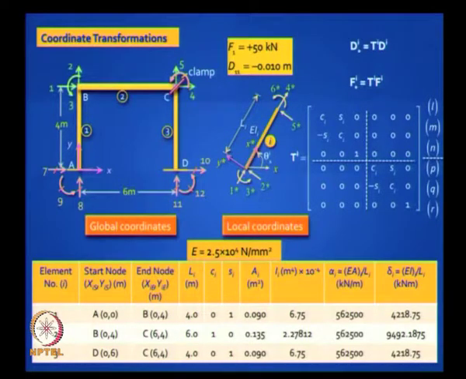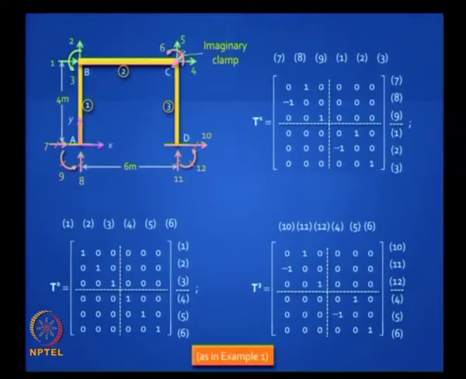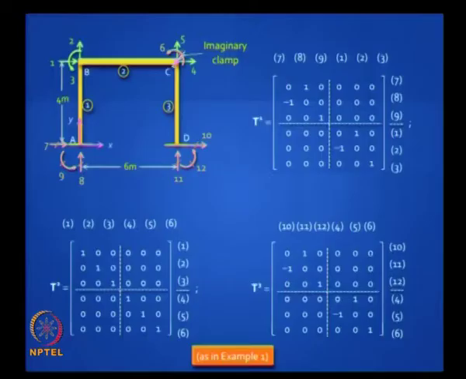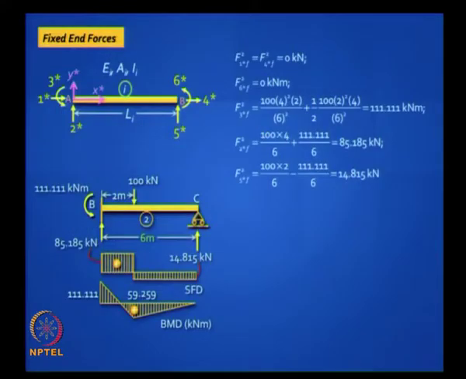So how do we deal with this problem with the internal hinge? What are the changes? Do we need to make any changes for the transformation matrices? Absolutely no change, because it matters little whether the global coordinate is active or restrained. So the T1, T2, T3 are what we got earlier, there is no change. Do we need to change the fixed end forces?